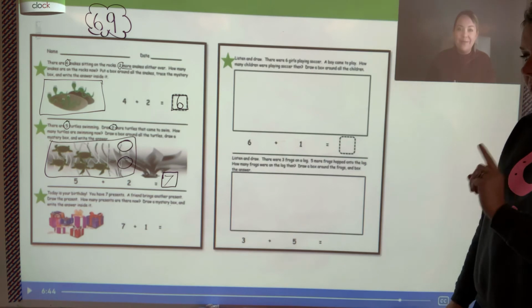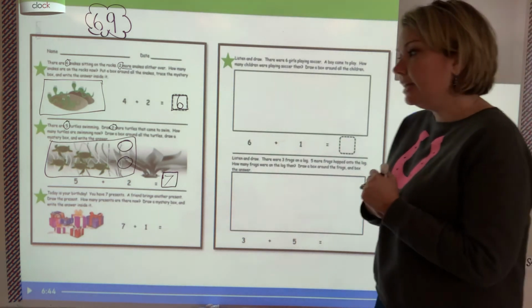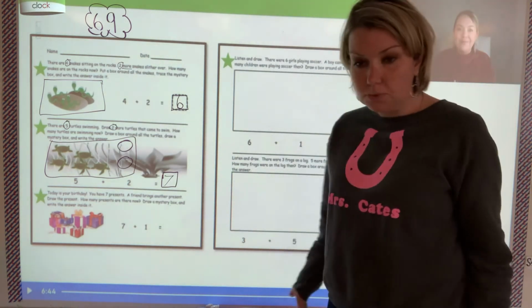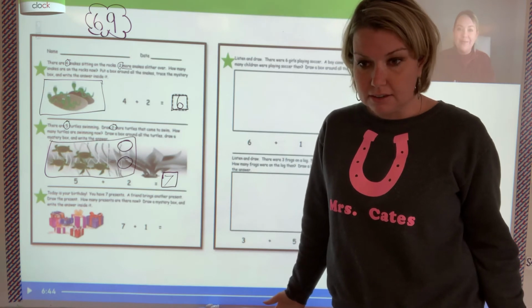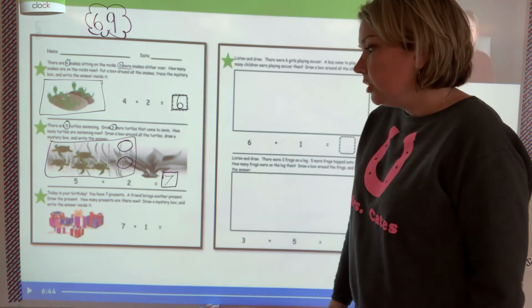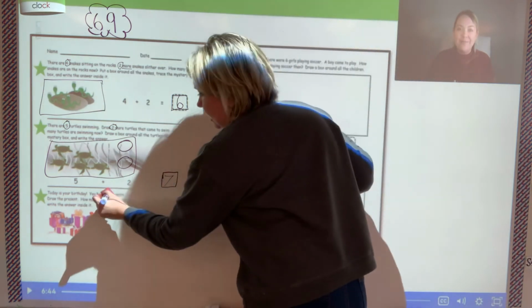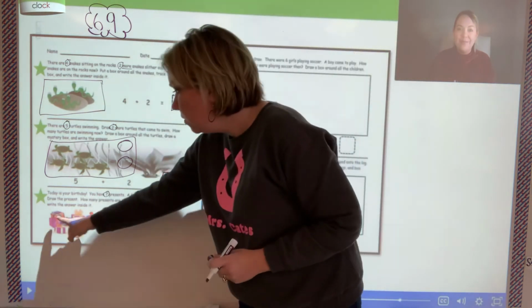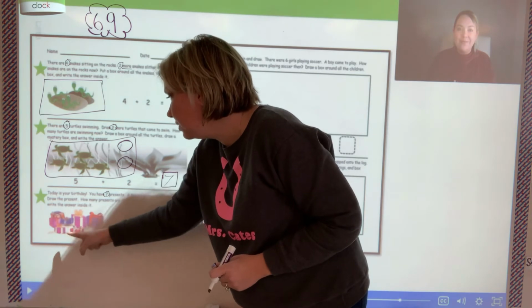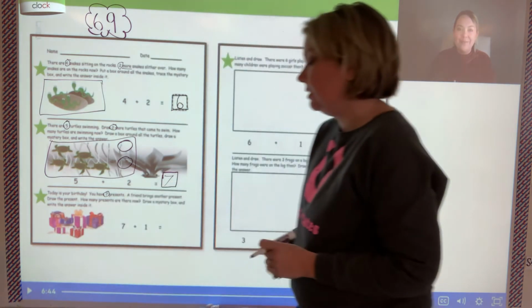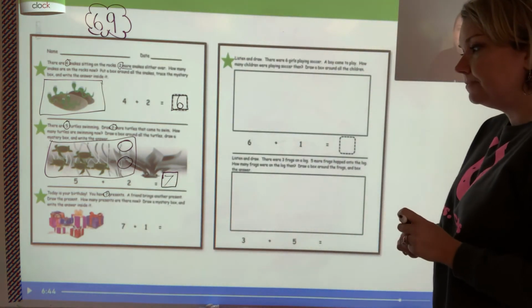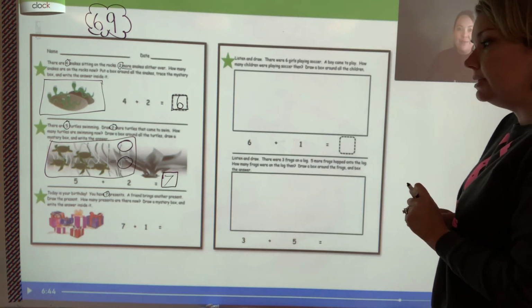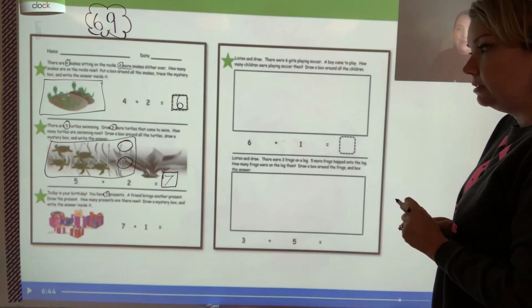Let's look at the first sentence. Today is your birthday. Do I do anything with that? No. You have 7 presents. All right, let's see if there's 7. 1, 2, 3, 4, 5, 6, 7. Yep, there's 7.